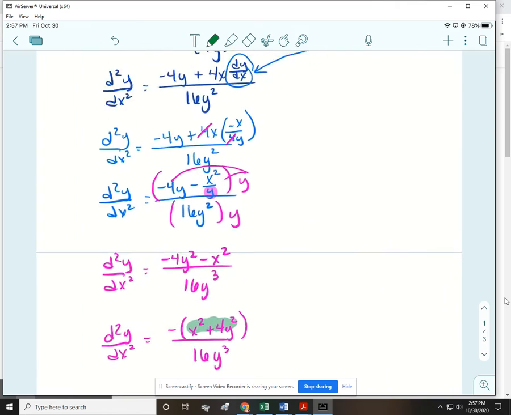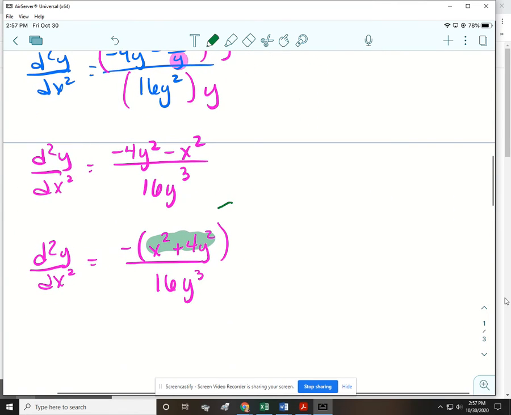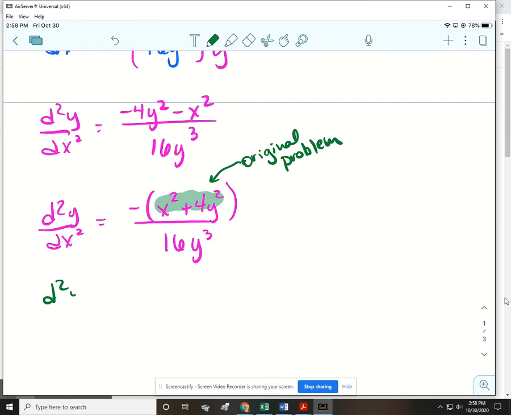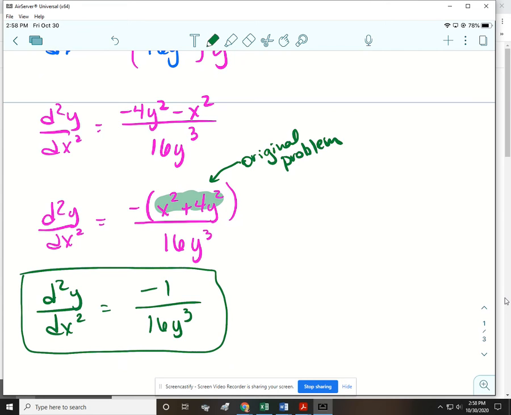So we can make a note that this is the original problem, and I know that x squared plus 4y squared is just equal to 1. So I can do another substitution where I substitute 1 in for that. And then this is my second derivative. Like I said, not every problem requires that last step, so it's just something you check for at the end.